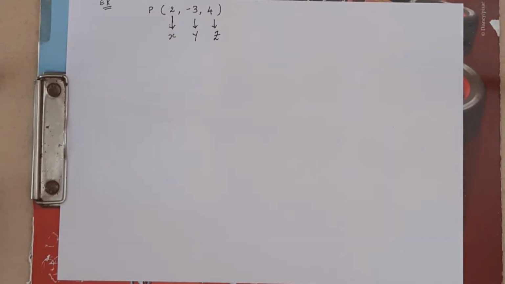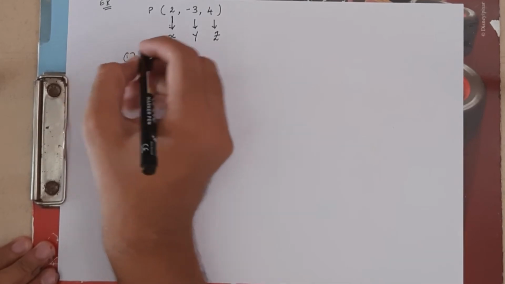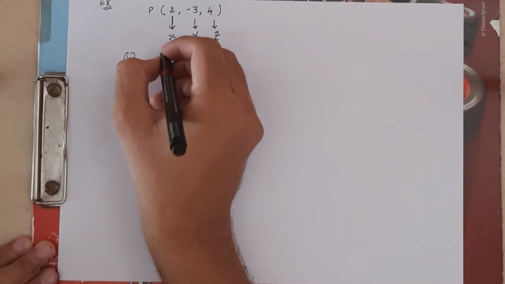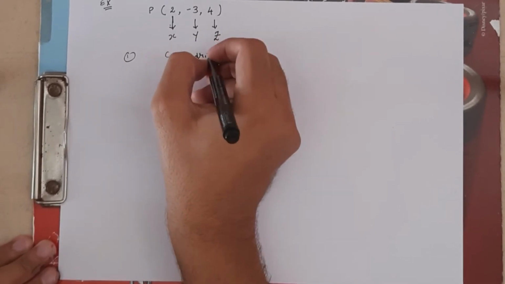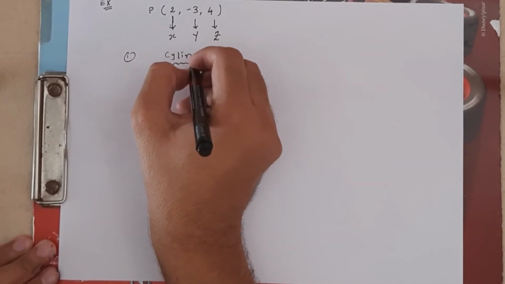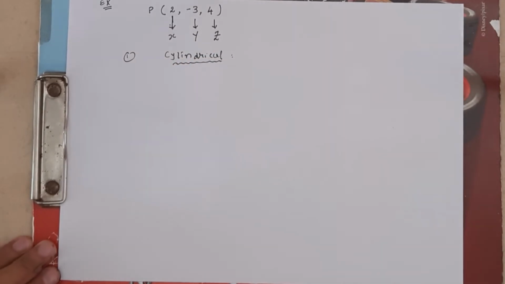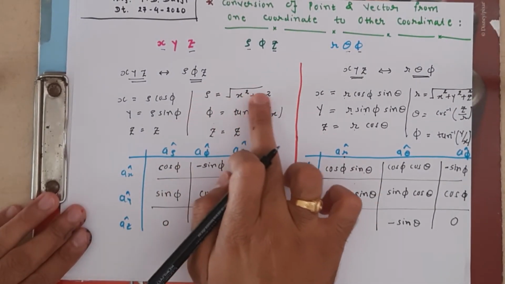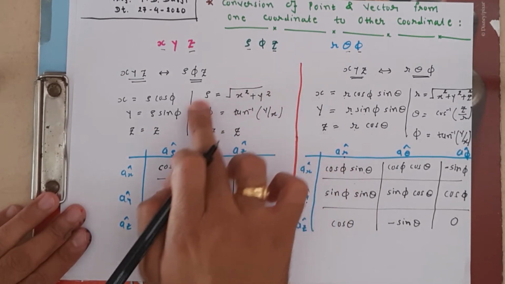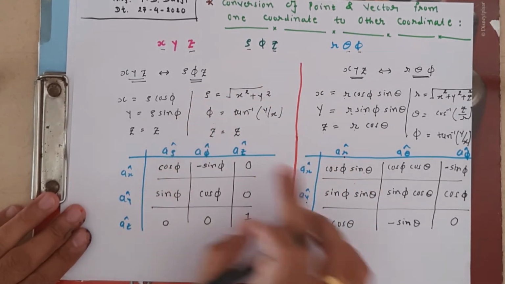Now first I have to convert the point into the cylindrical coordinate system. So which equation do I have to use? I have to use this equation. Value of x, y and z is given, so you have to just convert this point into the cylindrical coordinate system.